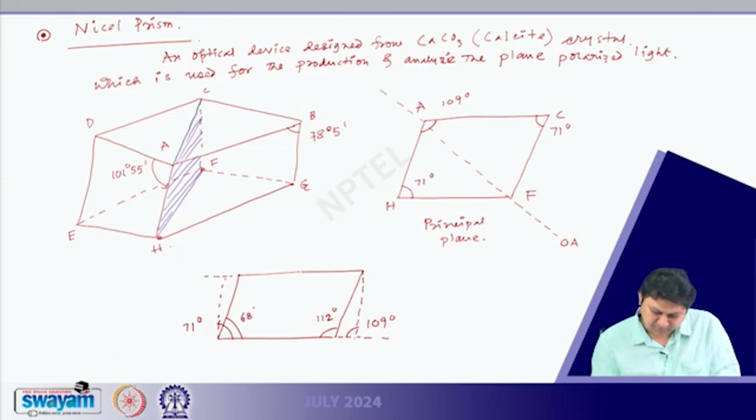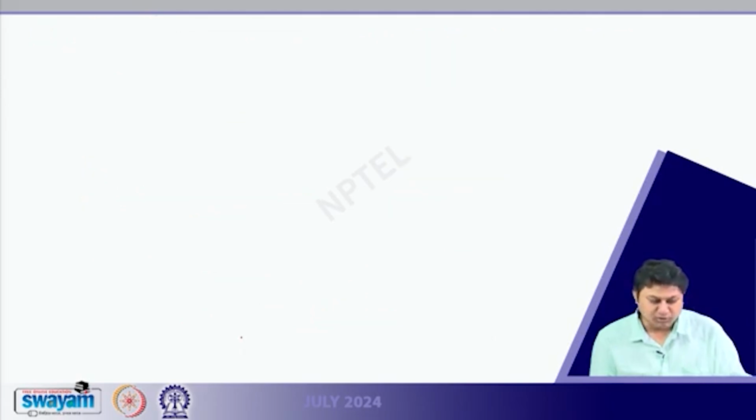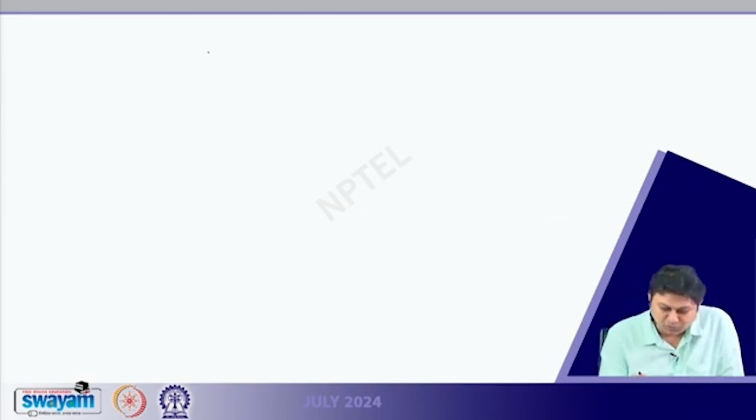So, we cut the principal plane with these angles, and then we use this particular section as a generator of polarized light. That we are going to show here. So, what we do here, we cut this plane along the optic axis, this principal plane.